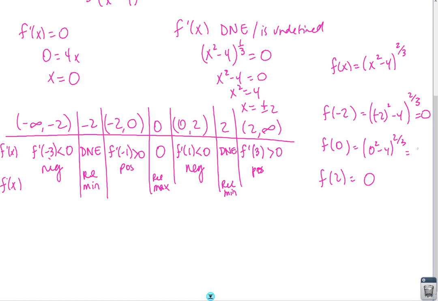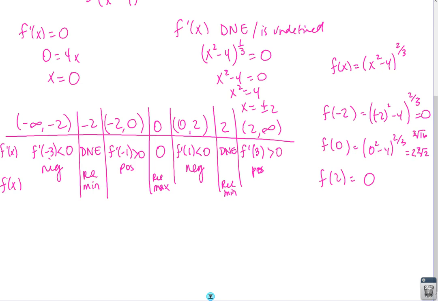I like to write this as 2 cube root 2, because this works out to be the cube root of 16, right? You can take out part of it, like 2 times 8 is 16. So the cube root of 8 is 2, so you bring that out, and then you have 2 left over.